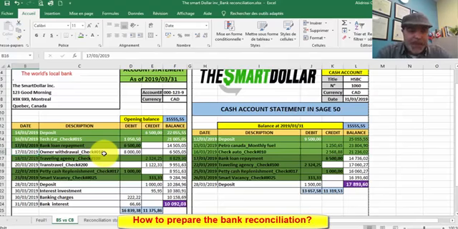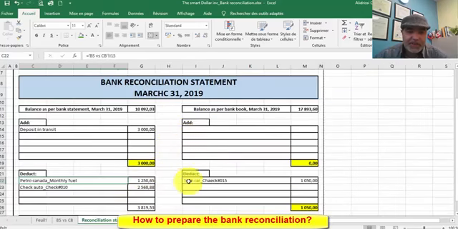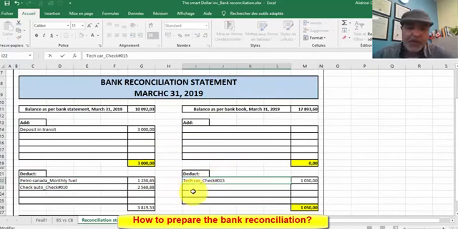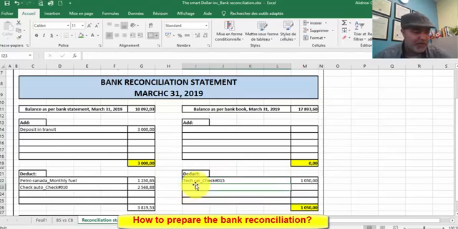On 17th March, the owner made a withdrawal, but we didn't find this transaction in our cash book, so we should deduct our cash account by this amount.